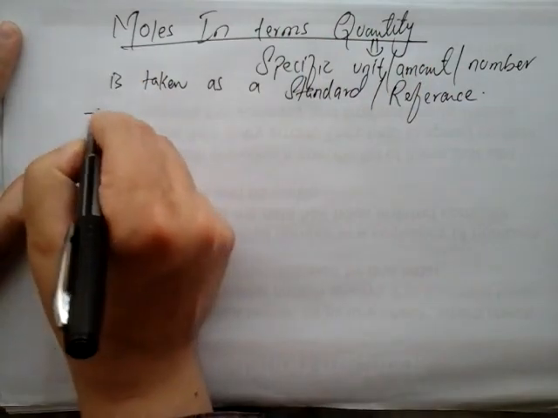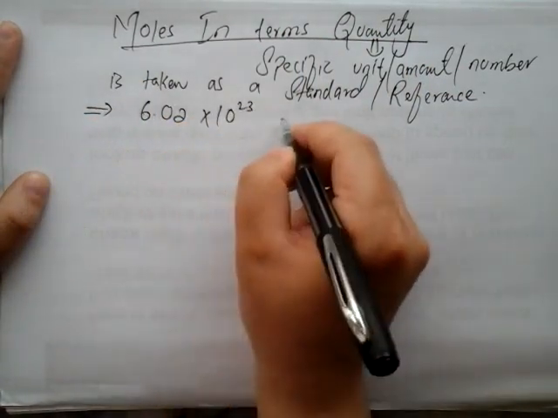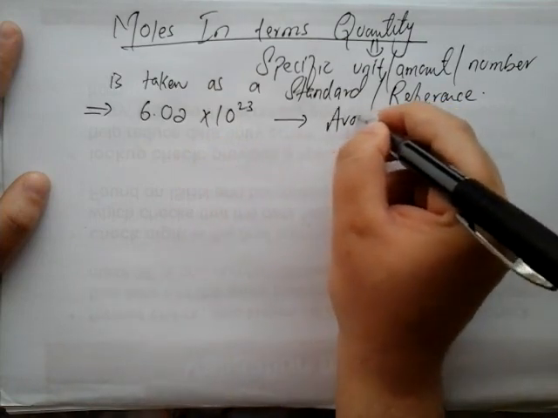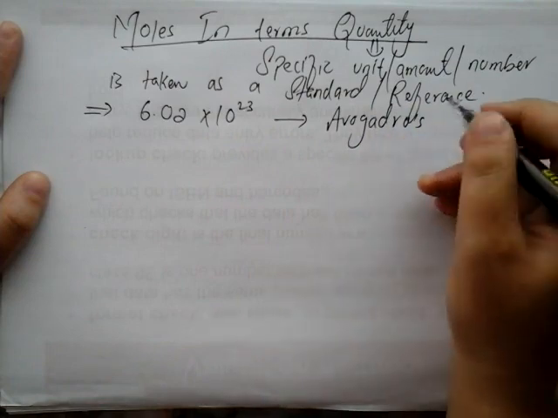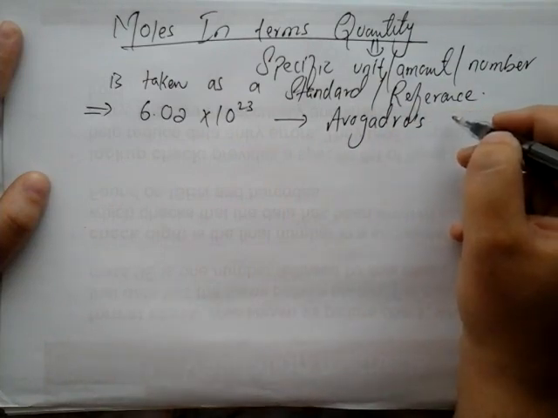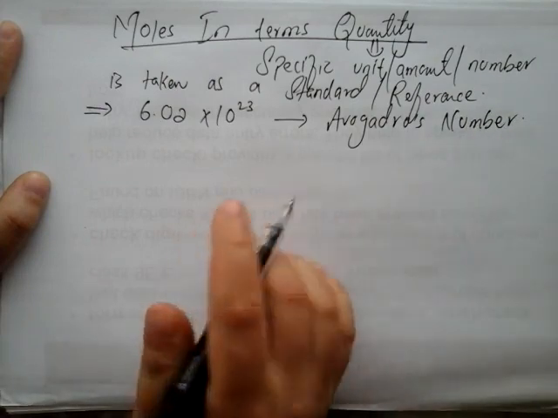This specific number is 6.02 into 10 raised to power 23, and we call it Avogadro's number, after the scientist who first introduced it.